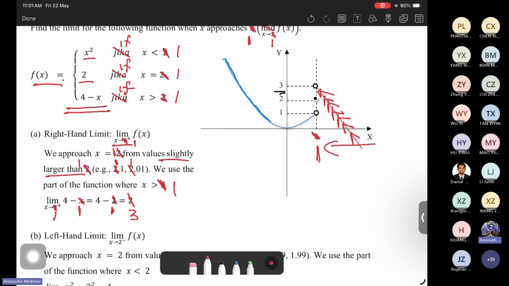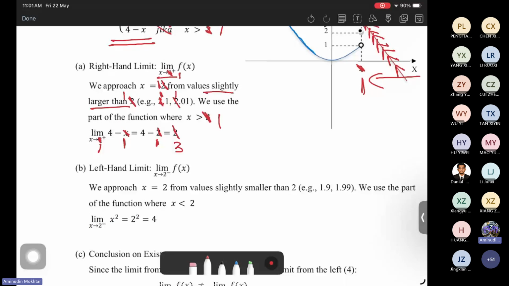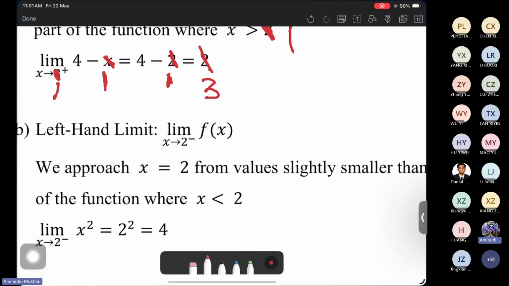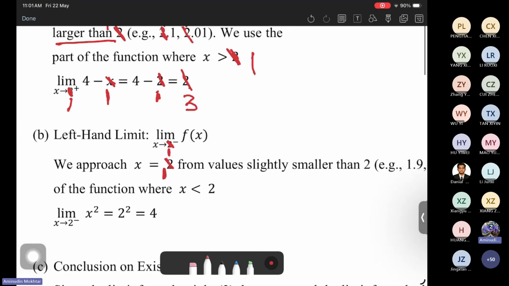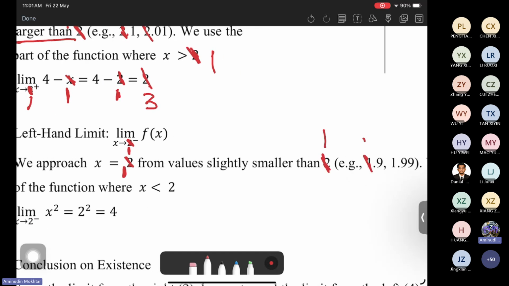There is a mistake in my lecture note. Please correct. We just change the value of x equal to 1 instead of 2. And then for the left hand limit, the left hand limit refers to the situation when x approaches 1 from the left, for values slightly smaller than 1, maybe 0.9 or 0.999, for example.